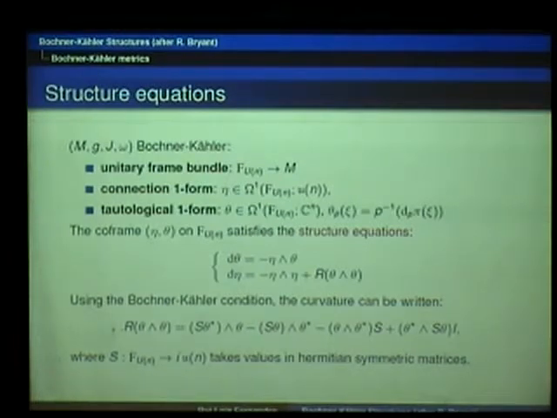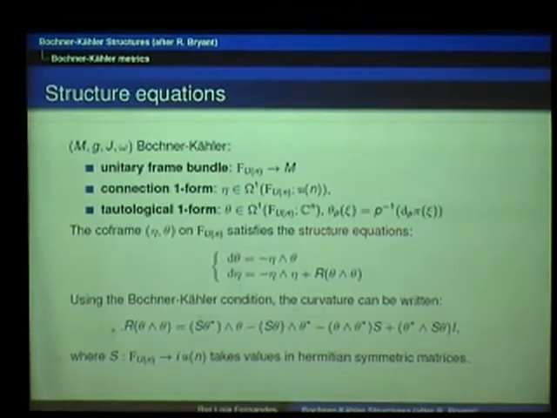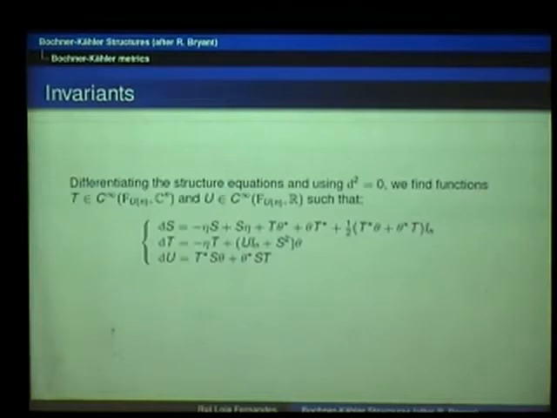All right? Now we can continue and, since d squared is 0, we can differentiate this equation, and that will amount to differentiating this, and there will be some derivatives of S. And if we do that, the first thing that we obtain is that the differential of S is expressed in this way for some new function t, which is a function that takes values in Cn.